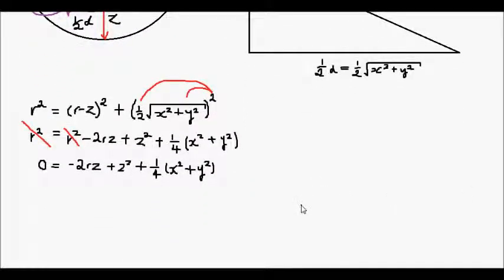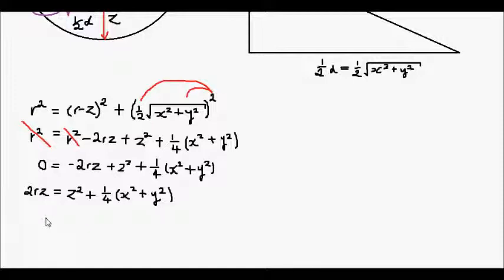Alright, so what I'm going to do now is add the term 2rz to both sides of the equation. That will give me 2rz on the left hand side. It's going to eliminate the negative 2rz on the right hand side, leaving me with z squared plus 1/4 (x squared plus y squared).